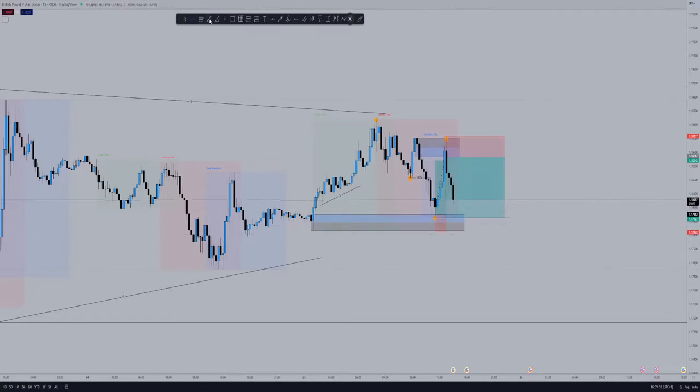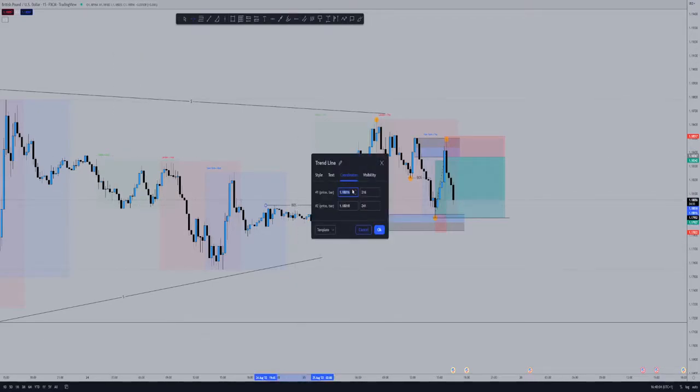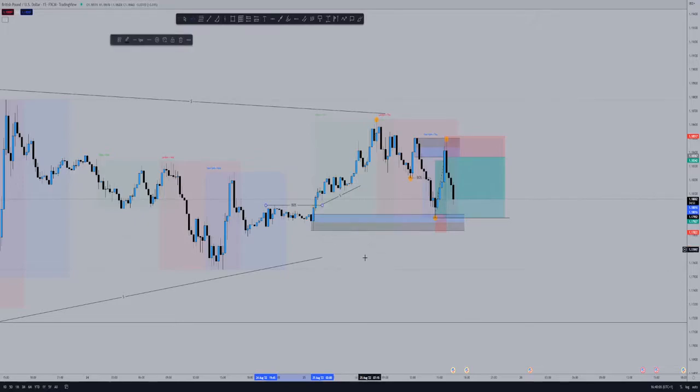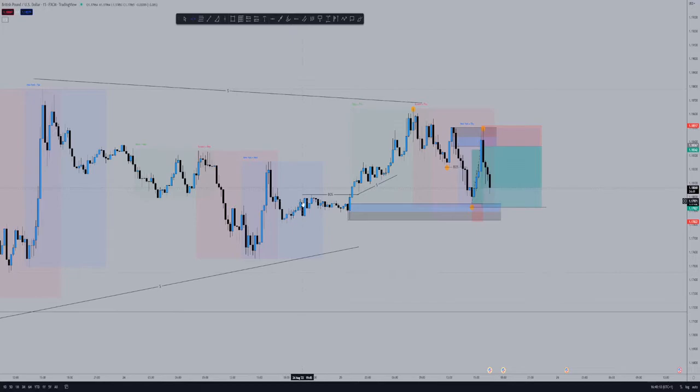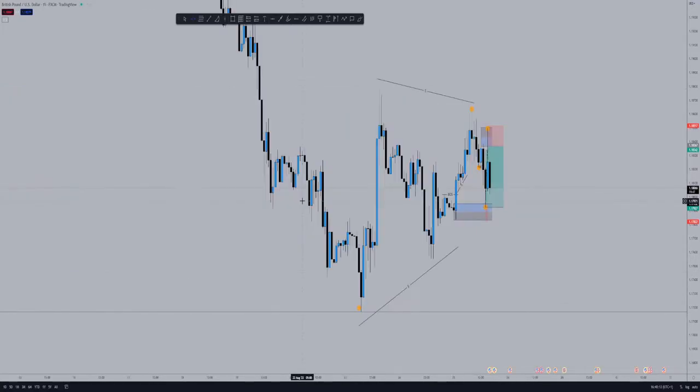So here we had the breaker structure, which formed our order block here. I think this was actually hourly.